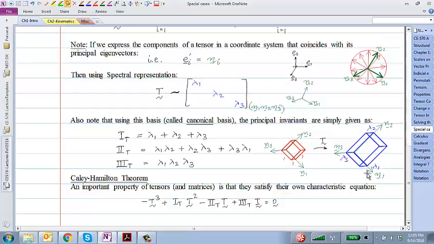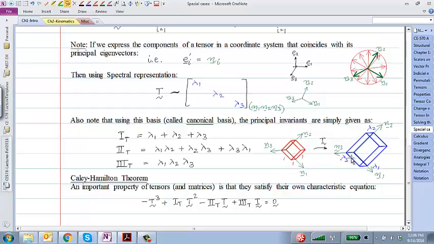Will the angles be 90 degrees after the action of the tensor? Yes, because n1, n2, n3 are orthogonal to each other, right? And when the tensor acts on n1, n2, n3, these particular vectors' directions do not change. So if it's 90 degrees before, it will be 90 degrees after. Right? For any other vector, if it's not an eigenvector, the direction would also change a little bit, right?